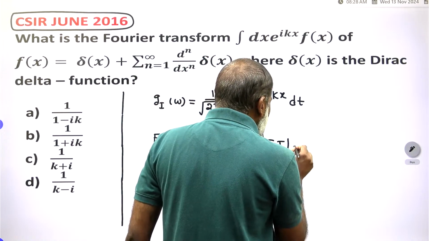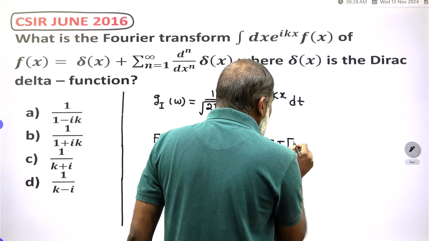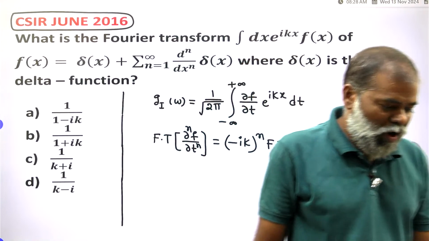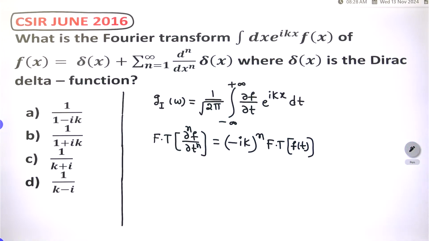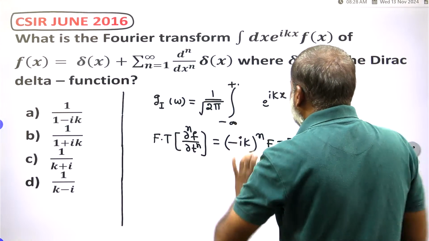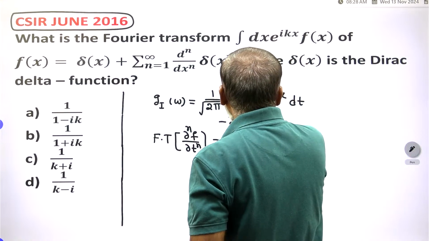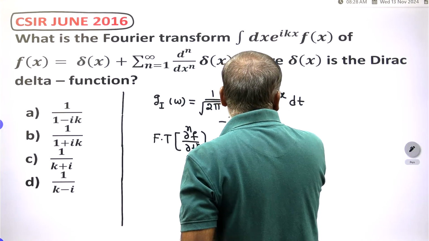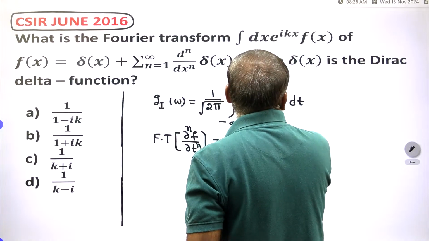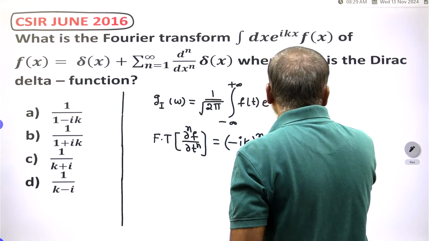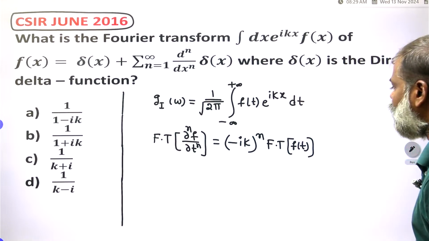Suppose you take this one, you consider it as f of t, because dt is there. You have to consider f of t here.